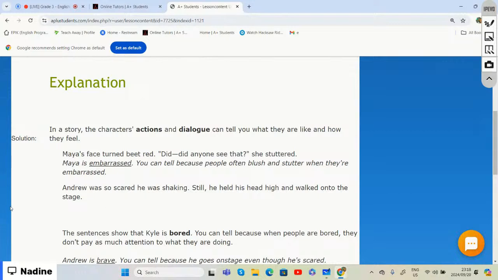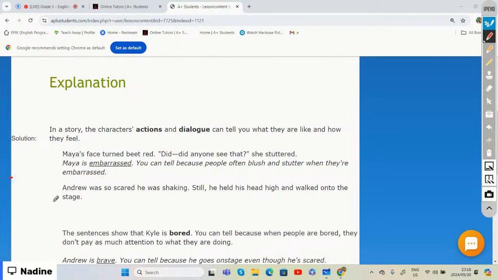If we look at another example, it says Andrew was so scared he was shaking. Still, he held his head high and walked onto the stage.